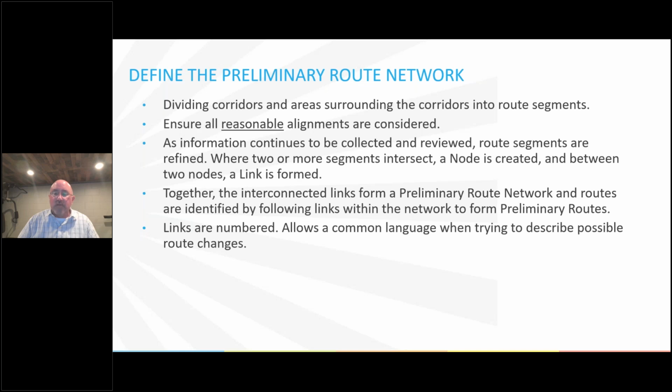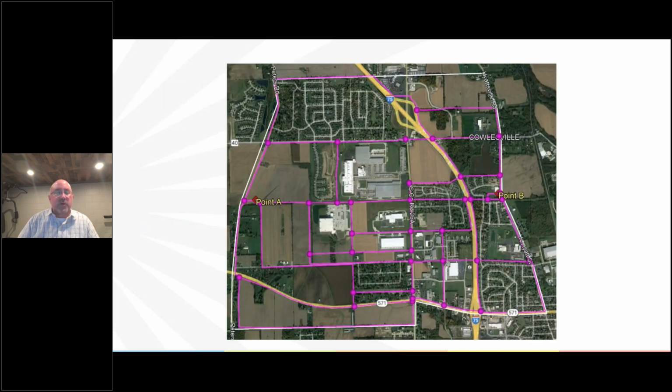We actually number all of our links, which allows a common language when trying to describe possible routes. So this is our preliminary route network. You can see we've got a lot of segments in there, and each one of those segments in between nodes are numbered. So if we were to go from point A to point B, no matter which way we go, we have the ability to identify segments.